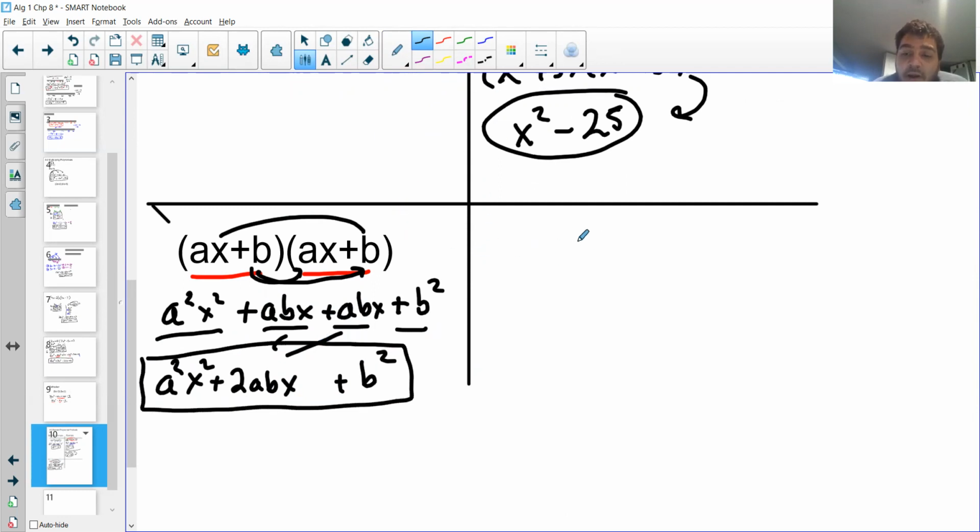So I'm going to do one long, and then I'll use one using the shortcut. What you get in the middle is going to be double the product. How did you get 2? This is 1 abx. This is 1 abx. So 1 plus 1 is 2.